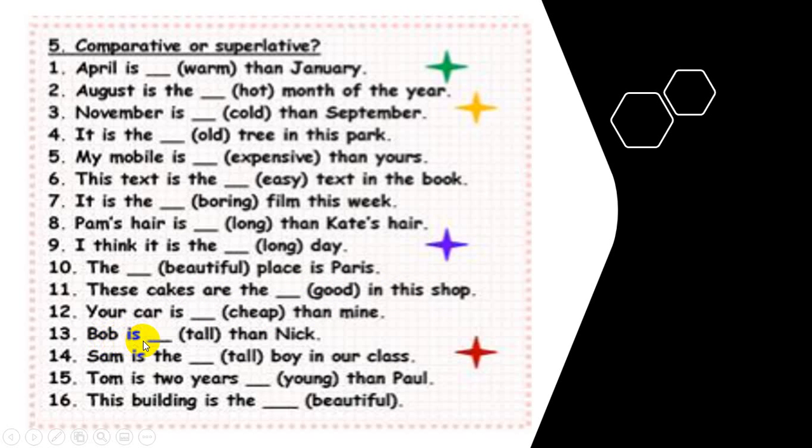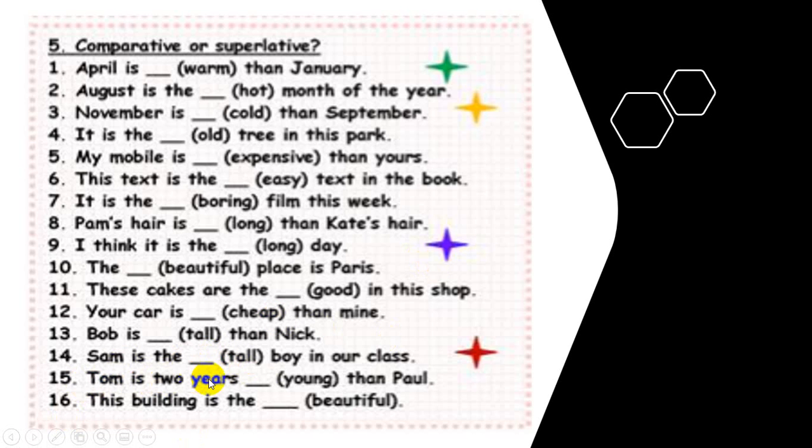13. Bob is ___ than Nick. Very good. Taller than. Bob is taller than Nick. 14. Sam is the ___ boy in the class. Yes, the tallest boy in the class. The tallest boy in the class.